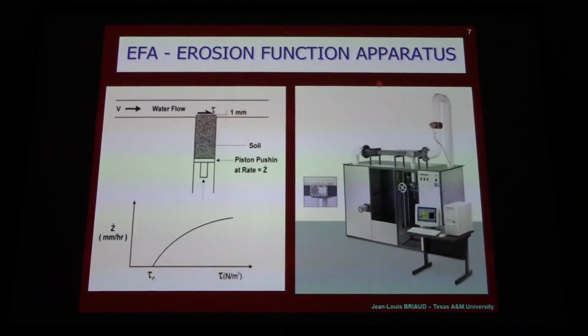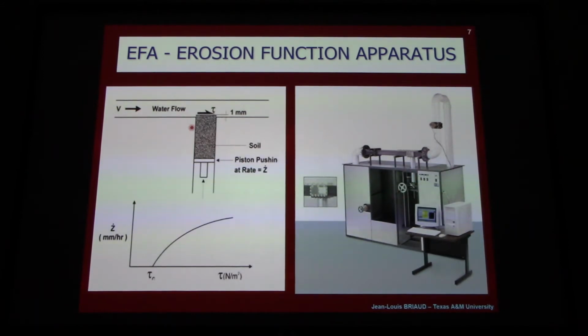So we started to work on this in our research about 30 years ago, and we developed this instrument where we take a Shelby tube. You can see the Shelby tube right here, and we push it through the bottom of a conduit where water is flowing. It's a closed circuit, flowing on top of the Shelby tube.